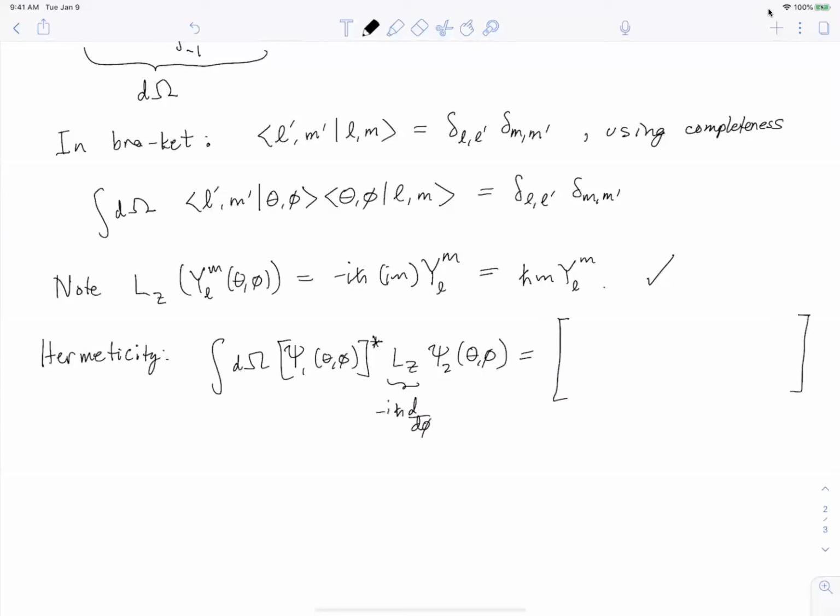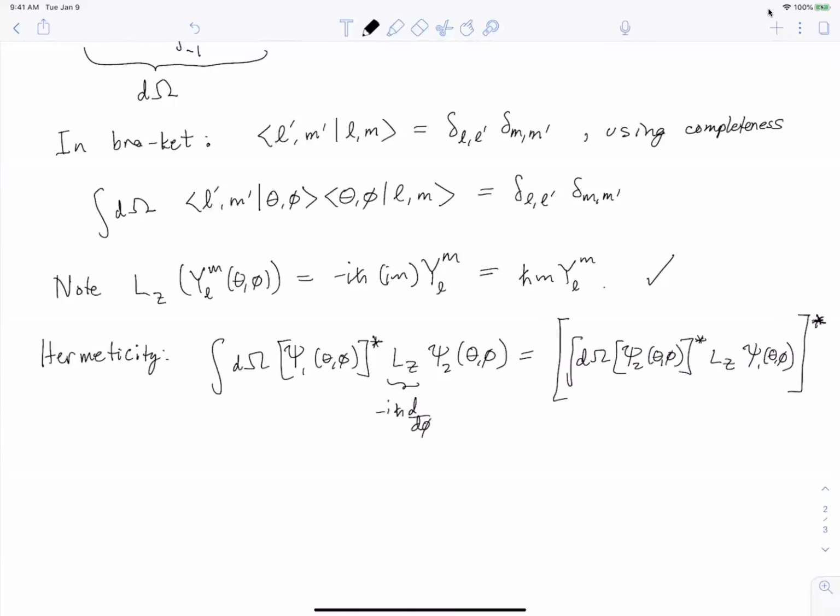So I'm writing a big complex conjugate box of the integral d omega psi_2(theta, phi) star, L_z psi_1(theta, phi).